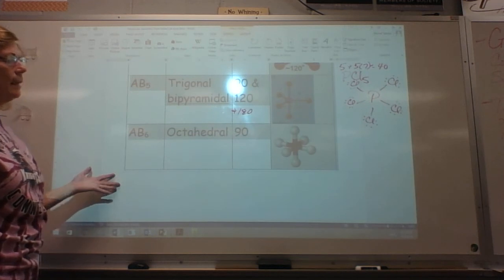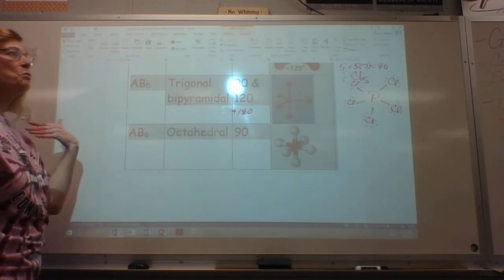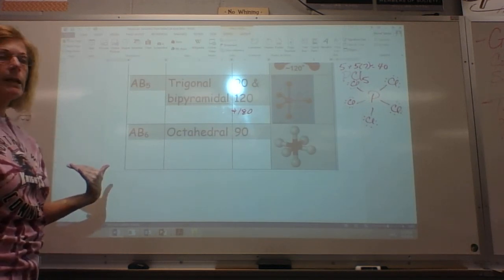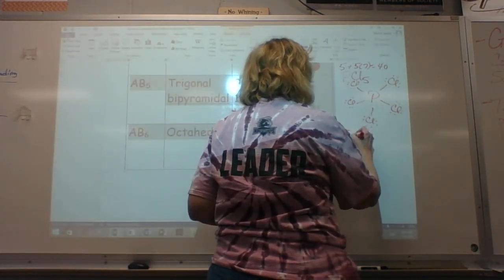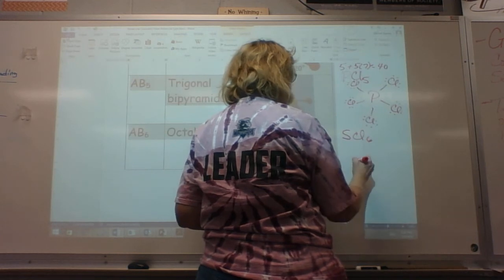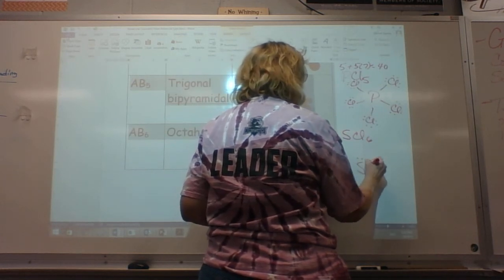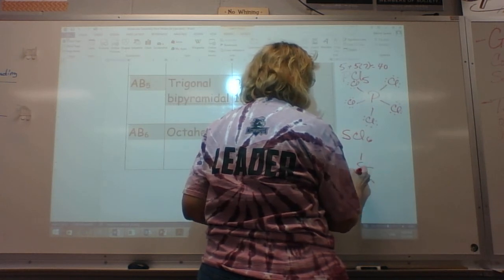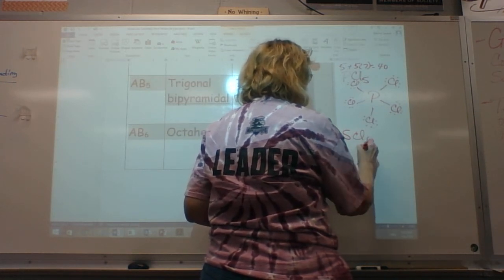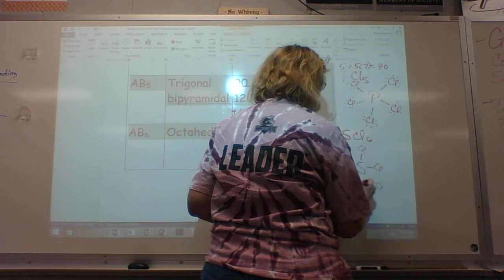Octahedrals are our last example. Again, it's another expanded valence, more than 8 electrons around the central atom. Sulfur is a very common one that does that. Let's take a look at sulfur hexachloride. Again, I prefer to draw lines. And then I will octet each of my chlorines.